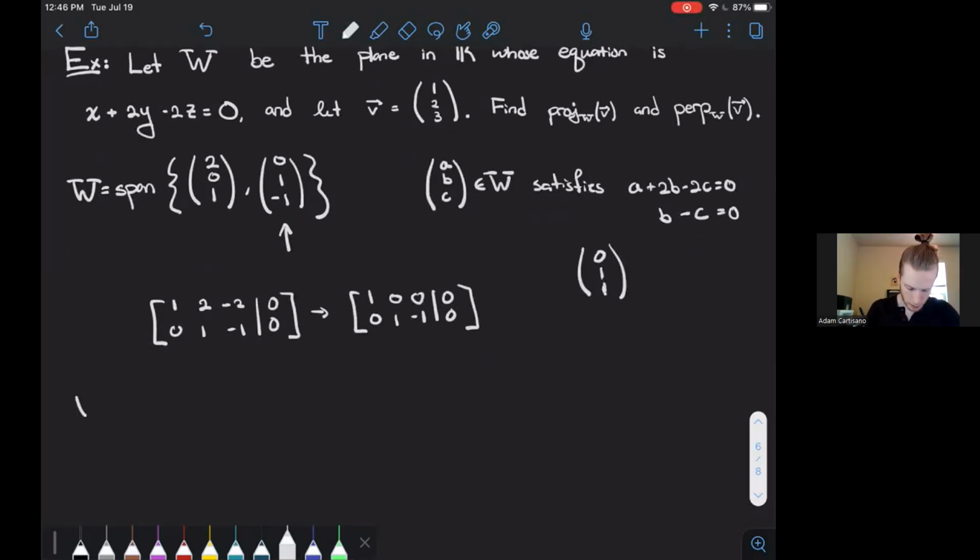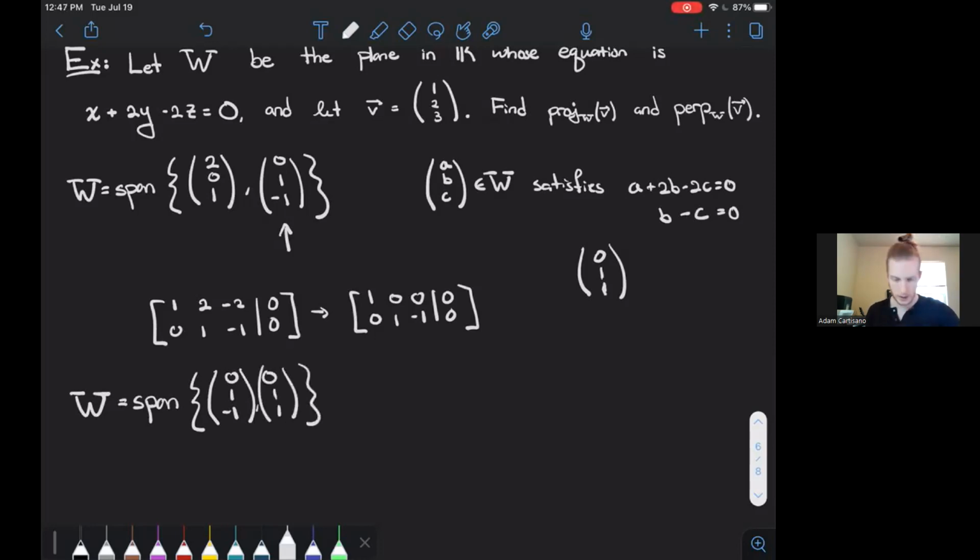So we rewrite W as the span of 0, 1, negative 1 and 0, 1, 1. It's kind of lame. I think this is like a YZ plane or something. Maybe not.